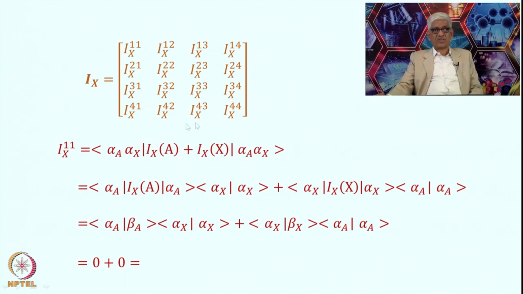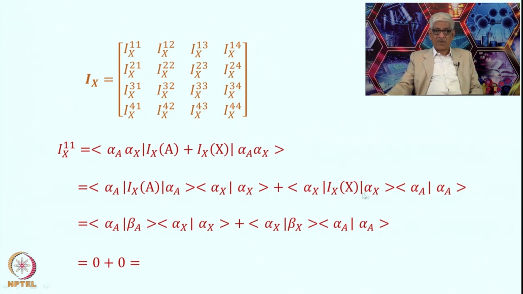Now for the Ix we can do the same thing. Ix also will have these 4 elements here, and now let us try and calculate some of those. So if I calculate Ix 1 1, this is alpha A, alpha x, Ixa plus Ixx and alpha A, alpha x here. So we do the same trick as before. So alpha A, Ixa, alpha A and alpha x, alpha x, and this is alpha x, Isx, alpha x, alpha A, alpha A. Now notice here Ix operating on alpha gives me beta, whereas this remains the same.